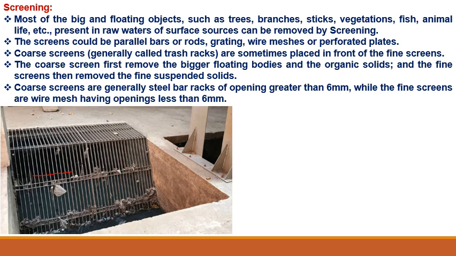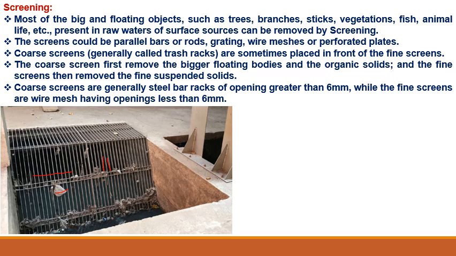Most of the big and floating objects such as trees, branches, polythene bags as shown there, sticks, vegetation, fish, animals, etc. present in raw water of surface sources can be removed by screening. Screens could be parallel bars, as shown, or rods, grating, wire meshes, or perforated plates.